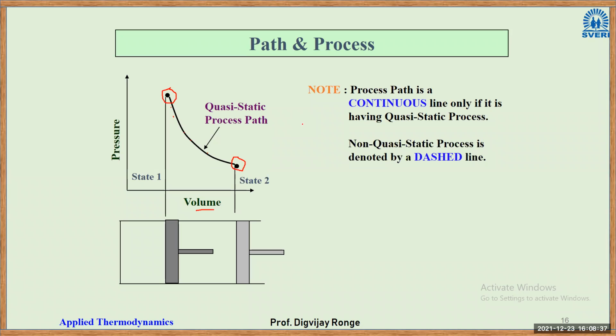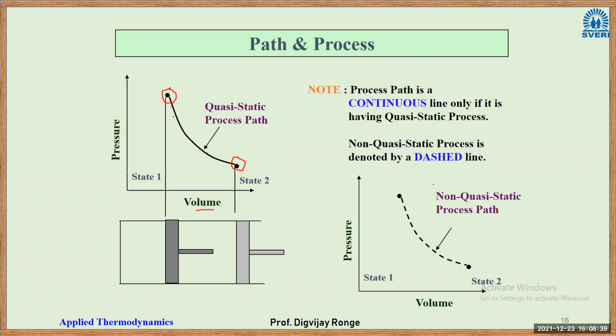A non-quasi-static process is denoted by a dashed line. If all the states along this process were non-quasi-static, in that case we denote it by a dashed line. That means if the process is fast, we can denote it with dashed lines. If the process is very slow, we can denote it with a continuous line.